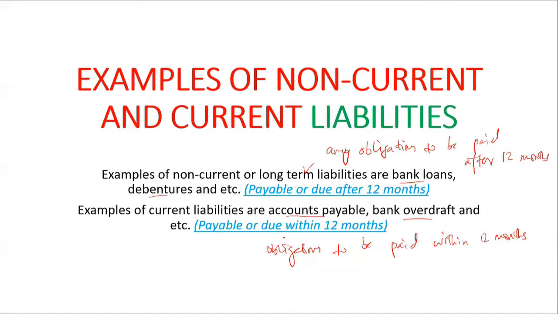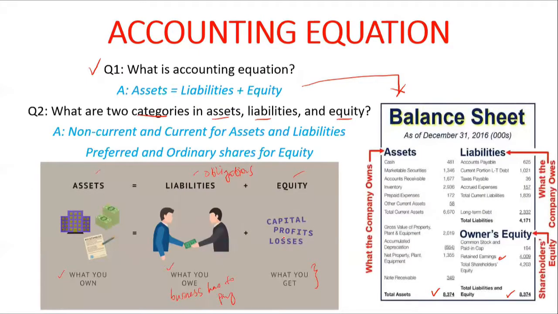I can also show you these items on the balance sheet in our first slide. You can see cash, marketable securities, accounts receivable, inventory, prepaid expenses. These are all current assets, and other current assets. And then this is a section of fixed assets or non-current assets.